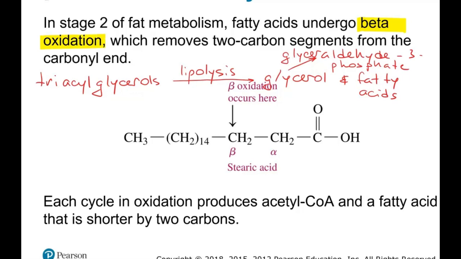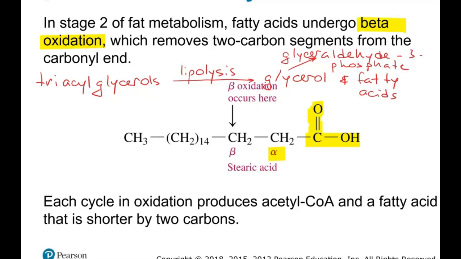So why do we call it beta-oxidation? Look, the fact that they are fatty acids means that there is a carboxylic group at one of the ends. Do you follow? The carbon atom that is closest to that carboxylic group is called alpha carbon.